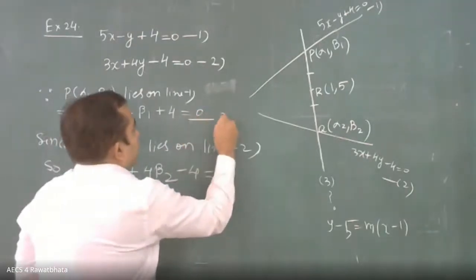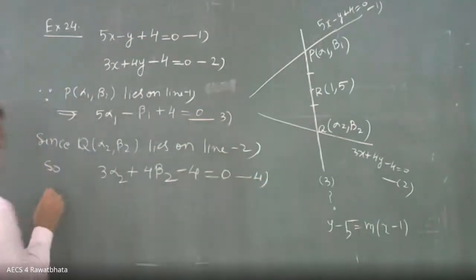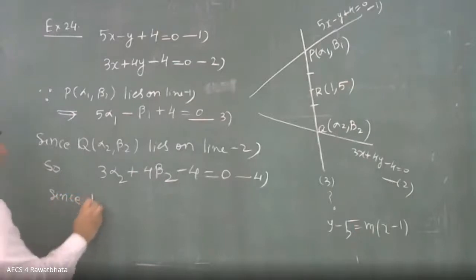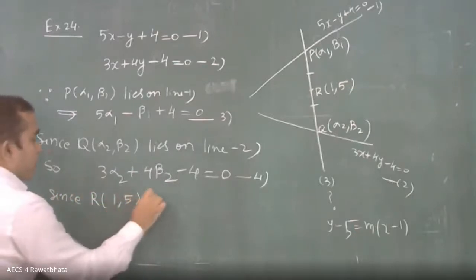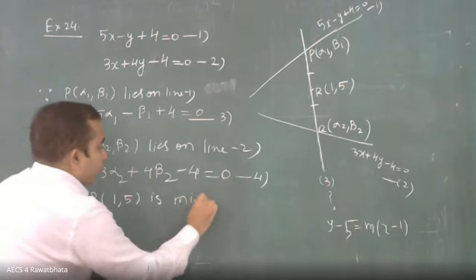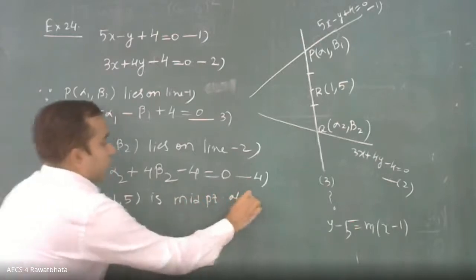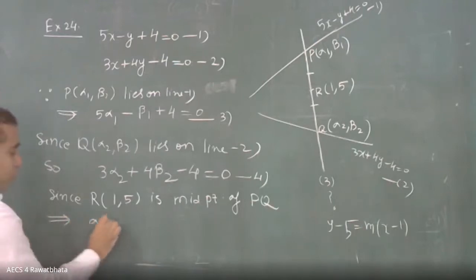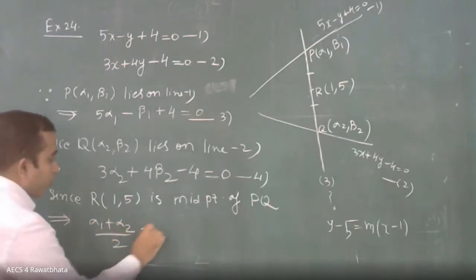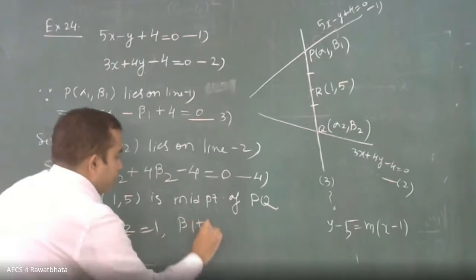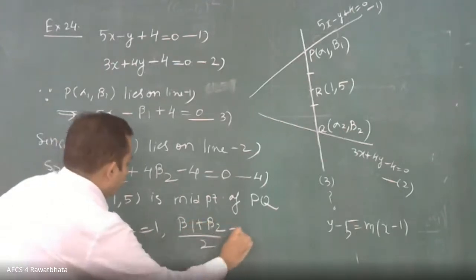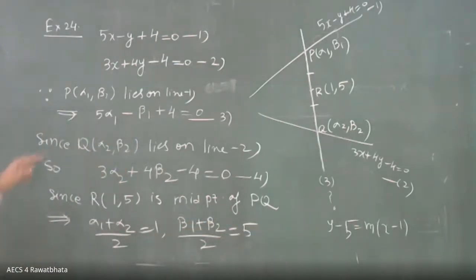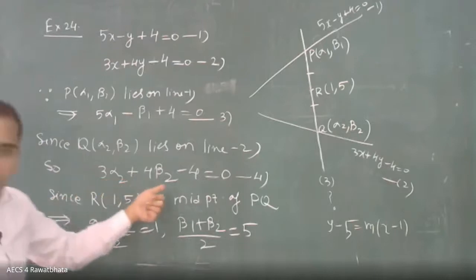Let it be equation 3, let it be 4. And now since R 1, 5 is midpoint of PQ, alpha 1 plus alpha 2 whole by 2 is equal to 1 and beta 1 plus beta 2 whole by 2 is equal to 5. तो यहां से एक इक्वेशन हमारे पास अल्फा 1 बीटा 1 में पहले से है. इस इक्वेशन को भी हम इसके हेल्प से अल्फा 1 बीटा 1 में कन्वर्ट कर देंगे.